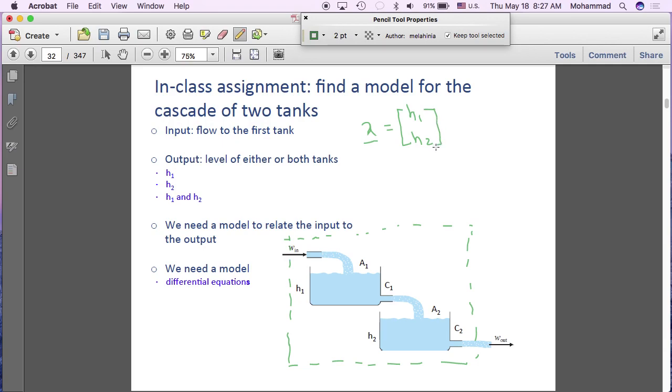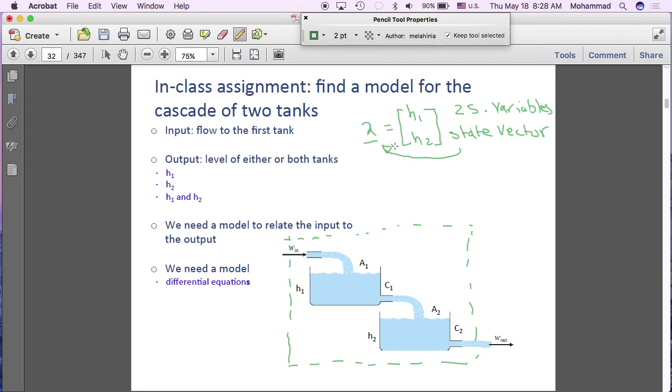It's not a single number. There are two numbers that constitute our state, and this is a state vector as opposed to a state variable. So we have two state variables, and x is a state vector.